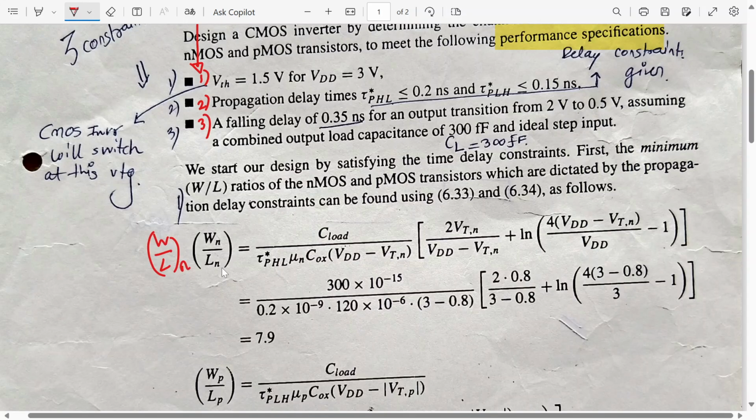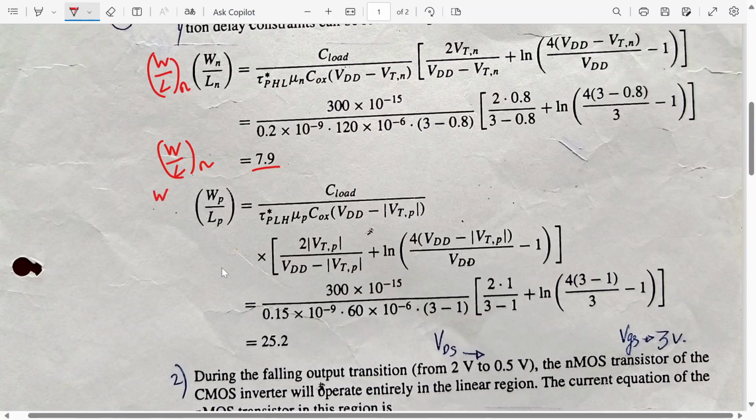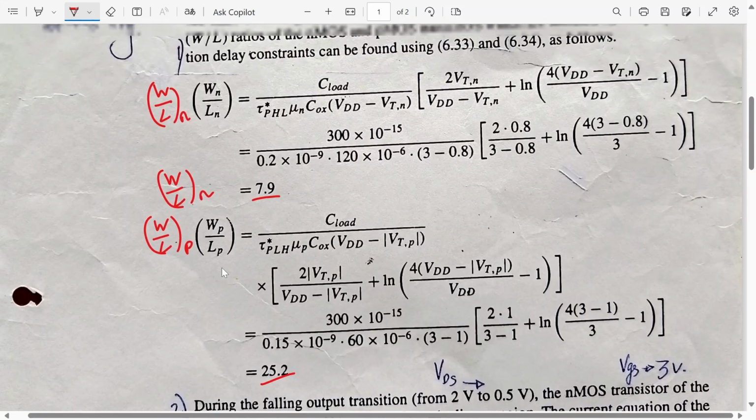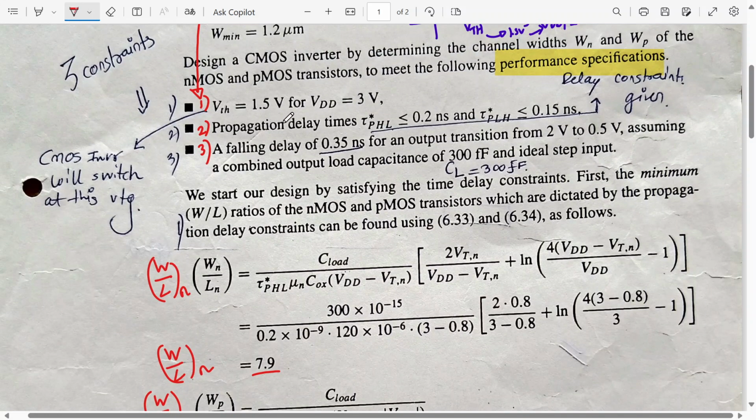Plug in the values: C load value, tau p HL value is 0.2 nanoseconds, mu n Cox is 120 micro, VDD is 3, VTN is 0.8. Plugging in all the values, you will get W by L of n as 7.9. Similarly, we can calculate W by L of P using this formula. It comes out to be 25.2. So we got the values of W by L of n and W by L of p for the first constraint, actually for the second constraint.